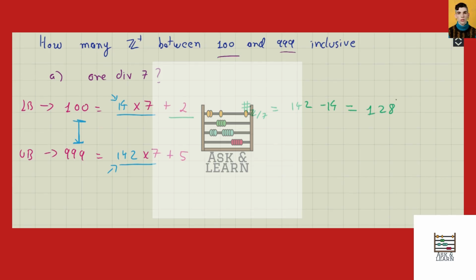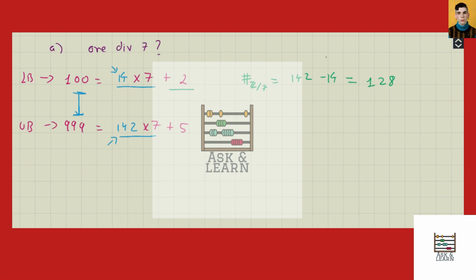Another way, and sometimes it's preferable, is to consider the floor function. The floor function of 100 divided by 7 is equal to 14. That is the number that we wanted. And in a similar way, the floor function of 999 divided by 7 is equal to 142, and we obtain immediately this number here.